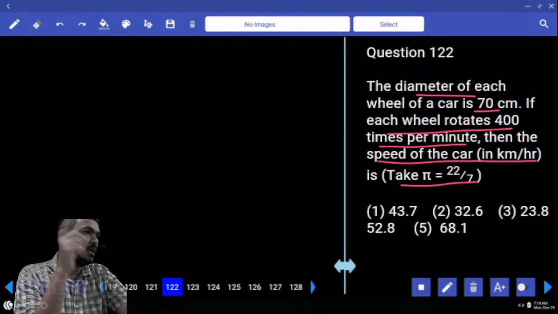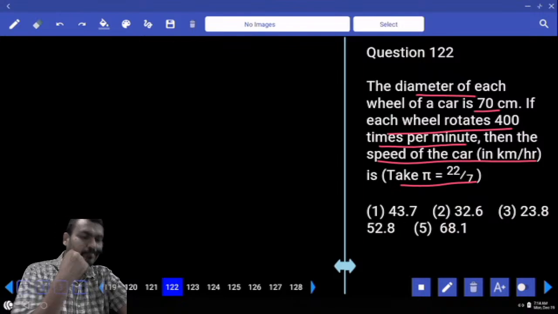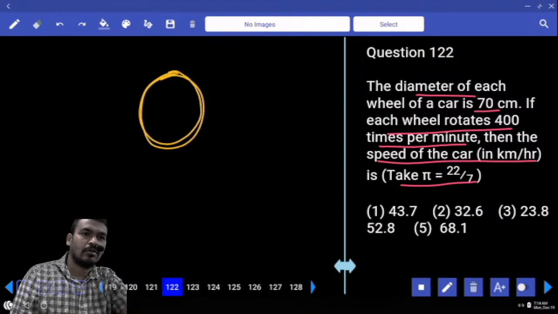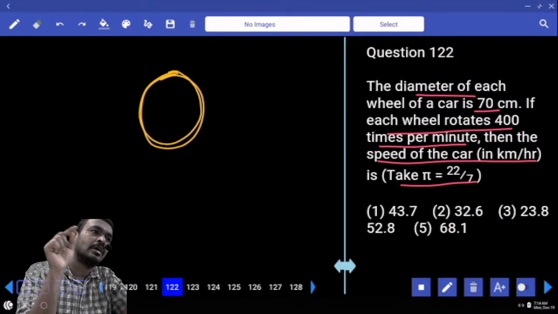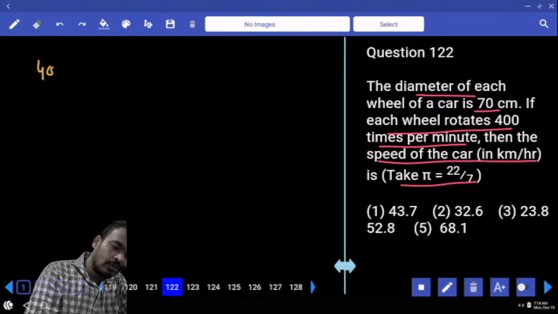Per minute there are 400 rotations. Every rotation is considered as circumference or area? Circumference. One rotation covers one circumference. How many rotations? 400. Then it covers 400 times the circumference of a circle.